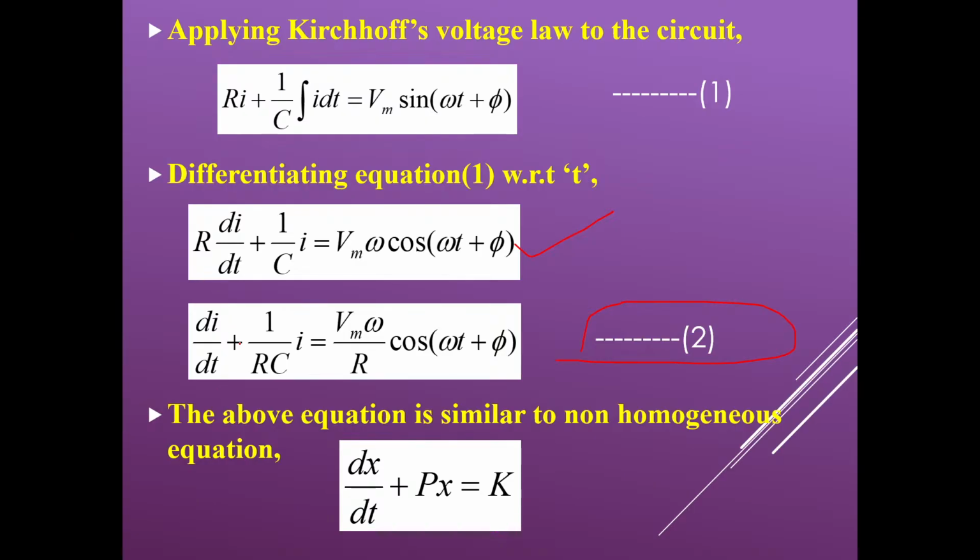di by dt plus 1 by RC i is equal to Vm omega by R cos(omega t plus phi) is my equation 2. Now compare it with the non-homogeneous equation.